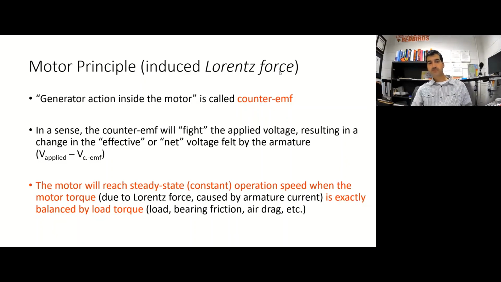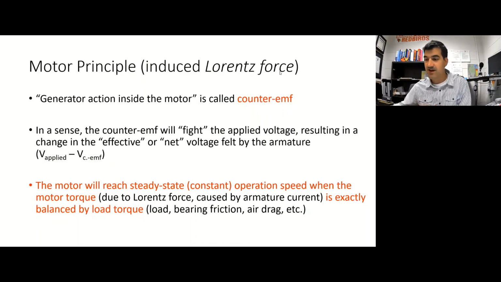All right. So, speaking of steady state, the motor is going to reach a steady state operation. That means a steady operating speed where it's neither accelerating nor decelerating. It's going to reach a steady operating speed when the motor torque, which is caused by the Lorentz force, which is caused by the armature current inside that magnetic field, which is caused ultimately by the voltage that is felt by the armature, is exactly balanced by the load torque, which is caused by whatever the motor is driving.